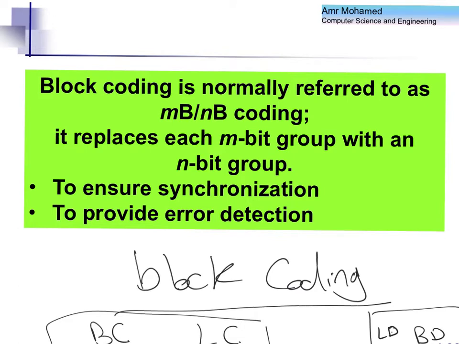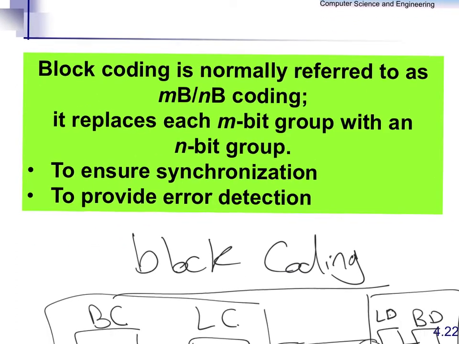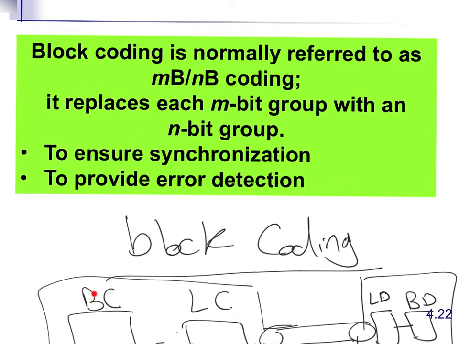So block coding says, if you have the same voltage level for a specific duration of time, we will enforce a prior stage that will stop this constant voltage from being there for a long period of time.